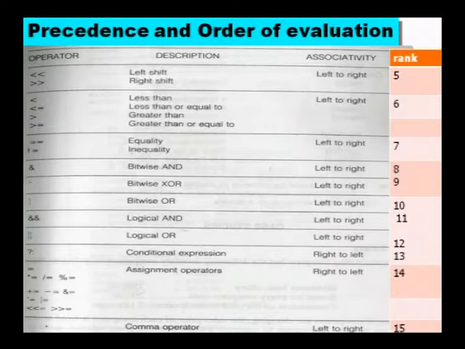Next, equality and not equal to, or inequality. This also is a relational operator, as you have seen. The associativity is again left to right, and it is 7th rank. Then bitwise AND, rank 8th, associativity left to right.